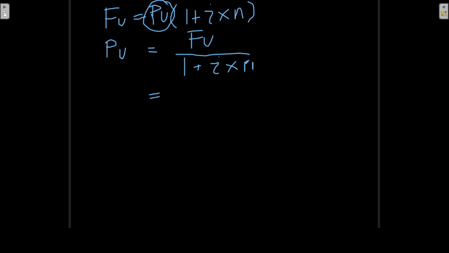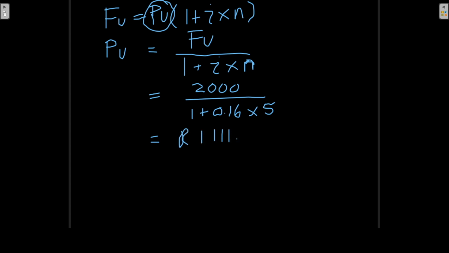The future value is given to us as 2,000 rands. Our interest rate is 16%, and our n is 5. And then we get our present value. Okay, and if we have our present value, we can find our interest because we know that the future value is equal to the present value plus the interest.